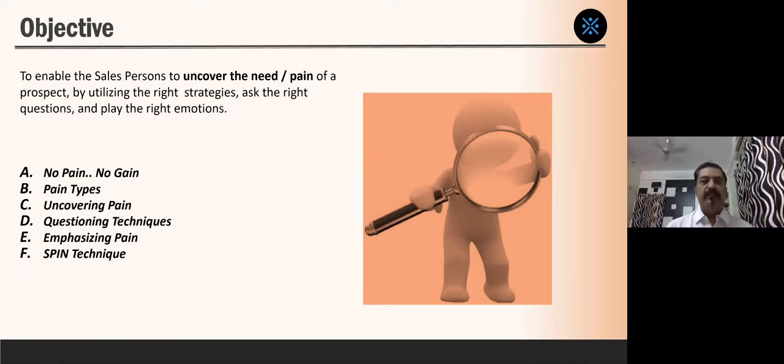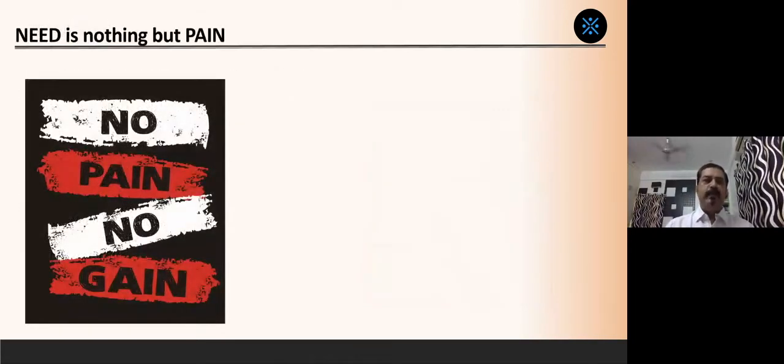So in this session, we are going to cover understanding what pain is, then figuring out how to uncover this pain, take it to your advantage, and get through to closure, right? So let's look at what pain or need is.